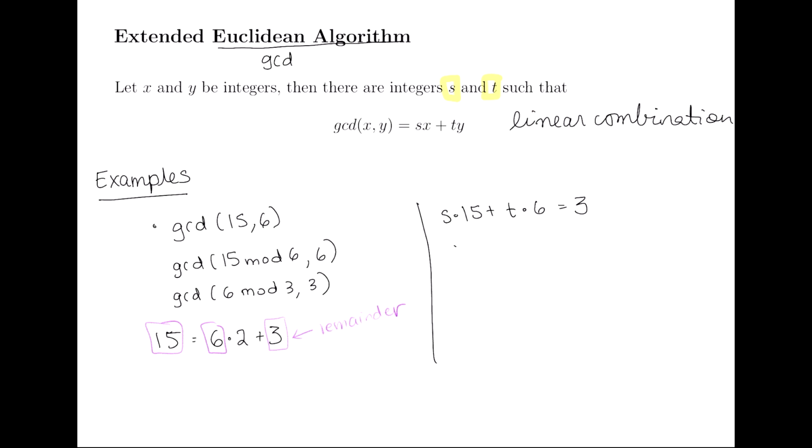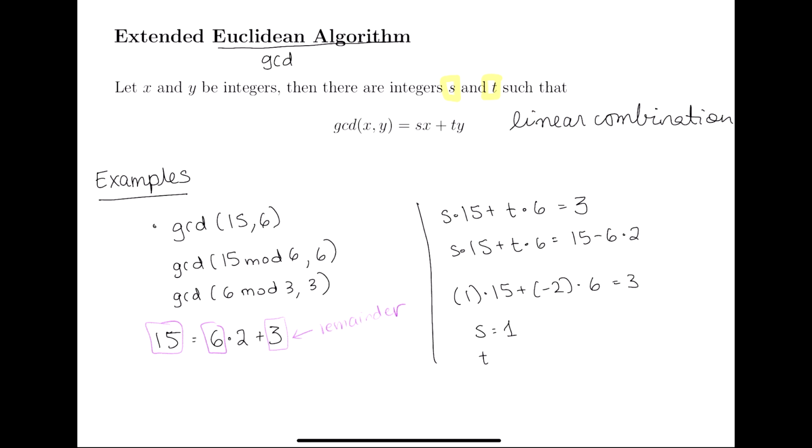And then I can see that 3 is equal to 15 minus 6 times 2, which I can then rewrite to say, well, it's 1 times 15 plus minus 2 times 6, which is equal to 3. And that's exactly what I wanted from this GCD definition above, of extended Euclidean algorithm. So if I have x is 15 and y is 6, then it's going to be the case that s is 1 and t is -2.